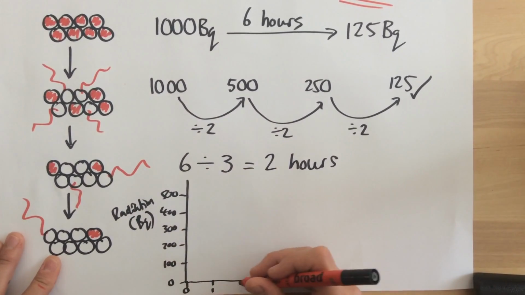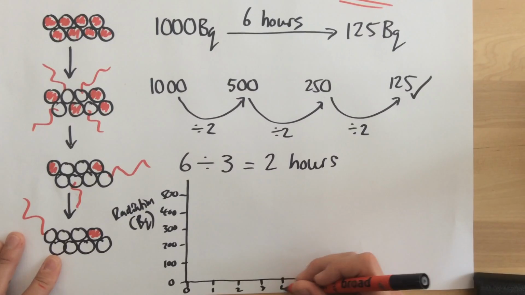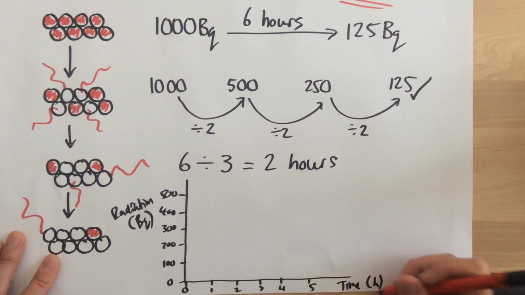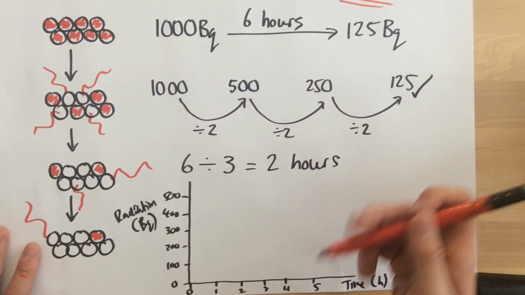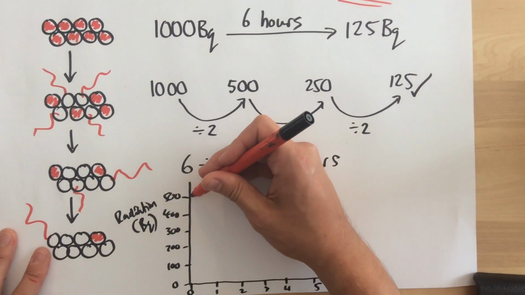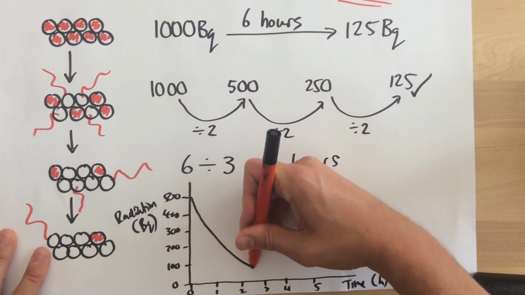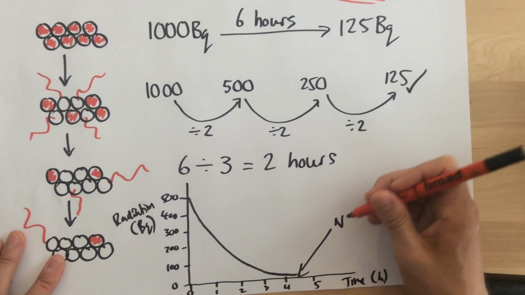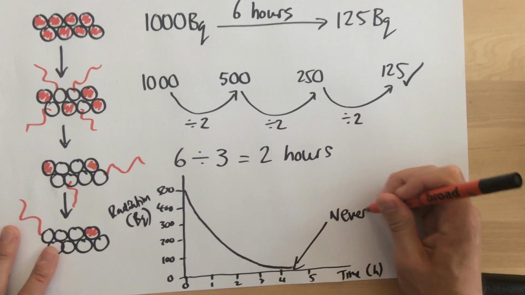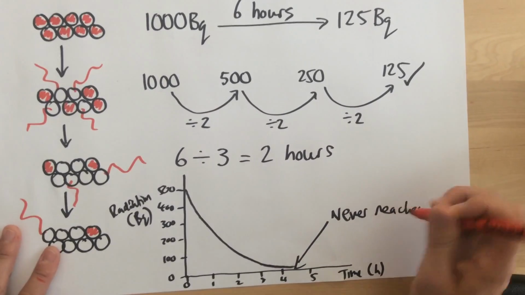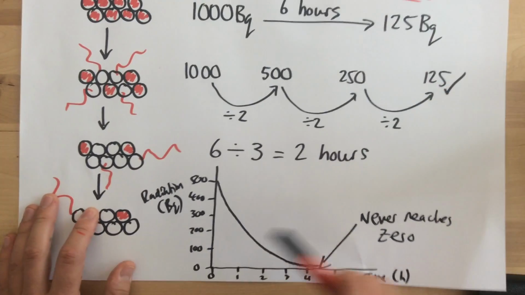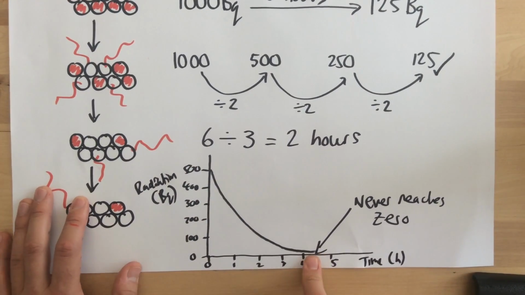Along the x-axis, we might have time in hours. Now, radioactivity graphs look like this. Please notice that it never reaches 0, because each time the nuclei are just halving. So it never ever reaches 0.